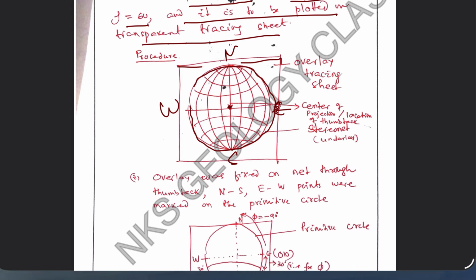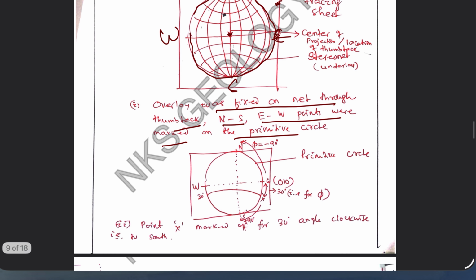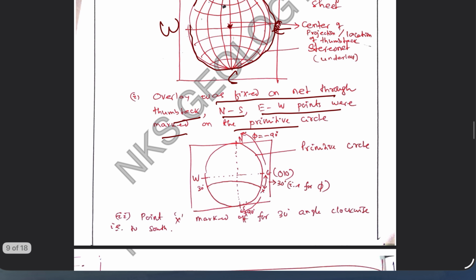Here the thumbtack is placed to keep the tracing sheet in contact with the net. North, south, east, west points are marked on the primitive circle.